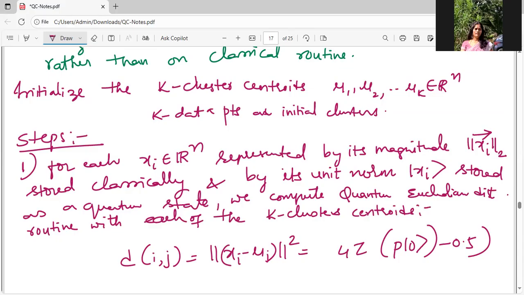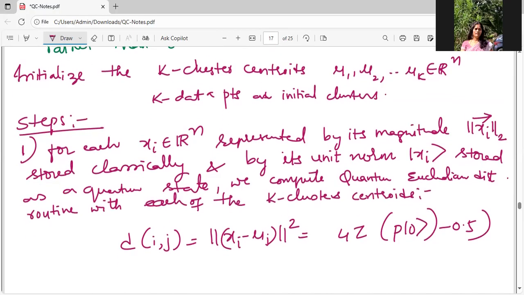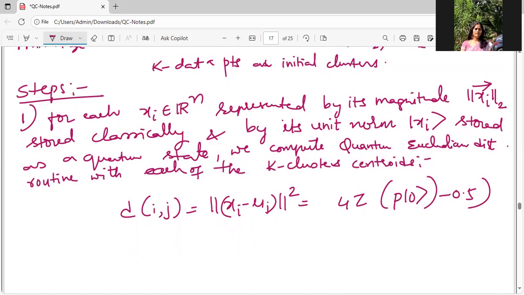Okay. Now, xi is, of course, I know. What is j? J belongs to the number of clusters that I have distributed. Each cluster will have a centroid, hence K clusters and hence K centroids.